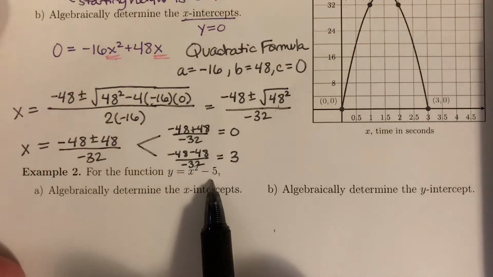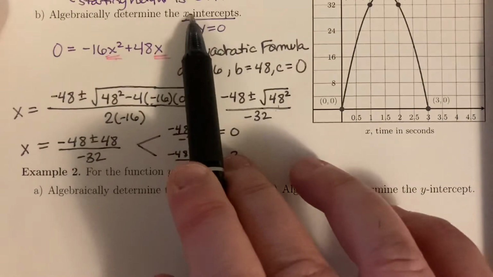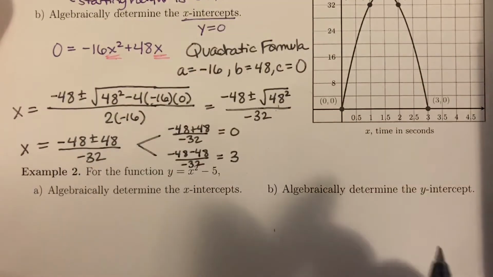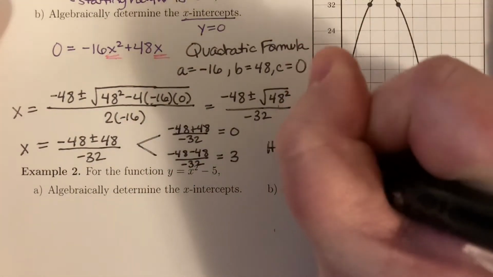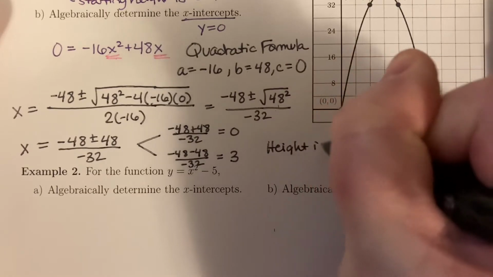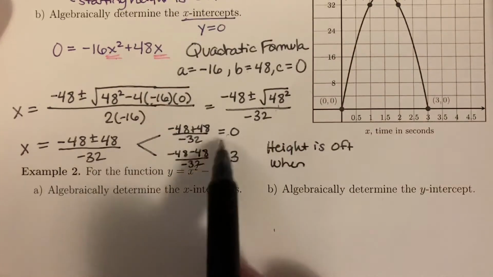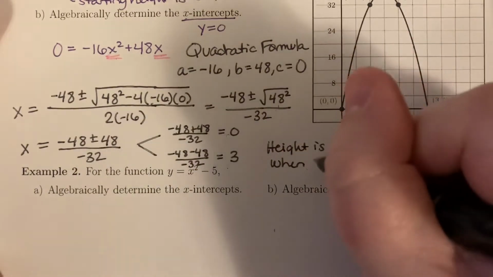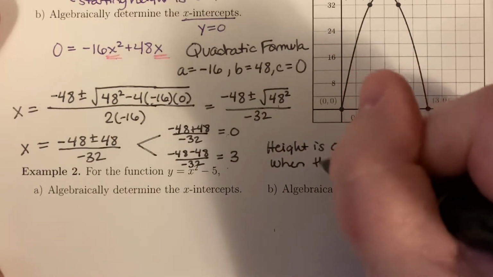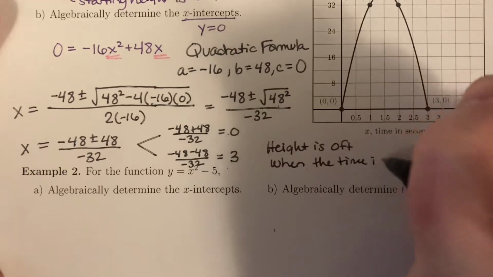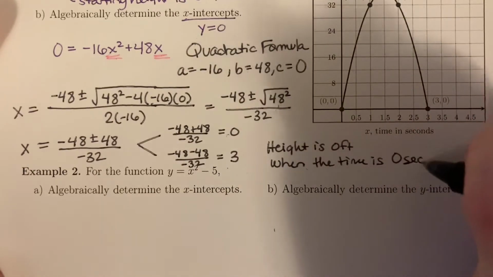So what this tells us, remember we're finding the x-intercept where y equals 0. So in this case, that means the height is 0 feet. And then we found 2 times when the time is 0 seconds or 3 seconds.